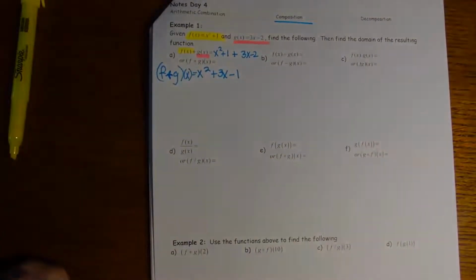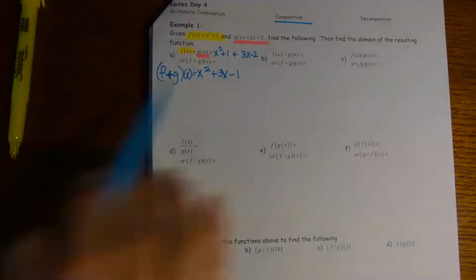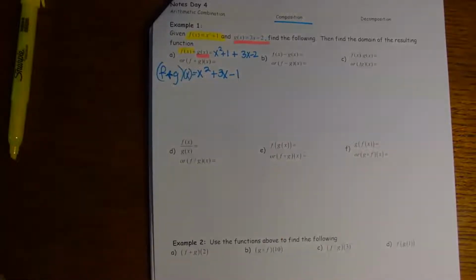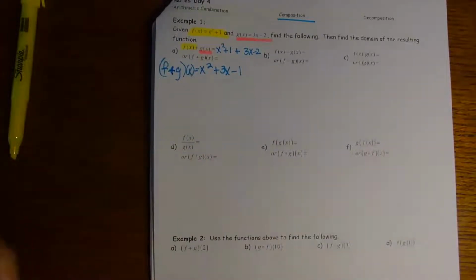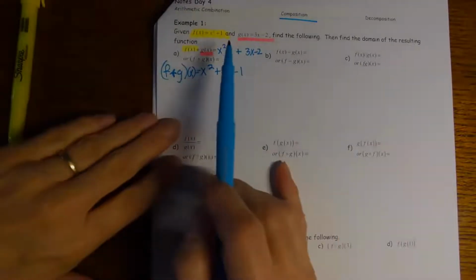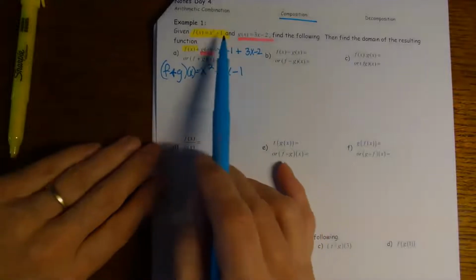Now, one thing that we have to do is you have to list the domain of this new creature you created, okay? So this is a parabola, so the domain is all real numbers, negative infinity to infinity. You can't just write that down, though. You've got to go back and look at either of your originals.